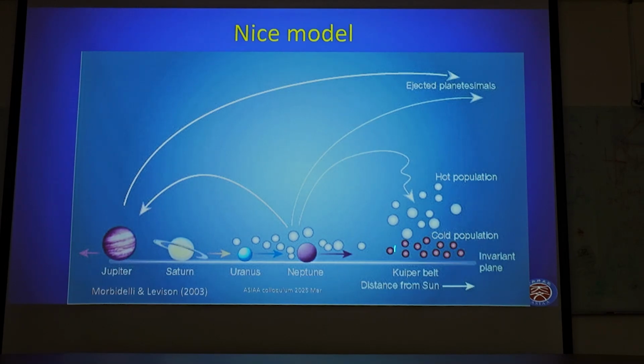So combining with the original objects here, there are clear, distinct hot and cold populations. Not only can we see it from their orbit, but also we can see different properties on their surfaces.